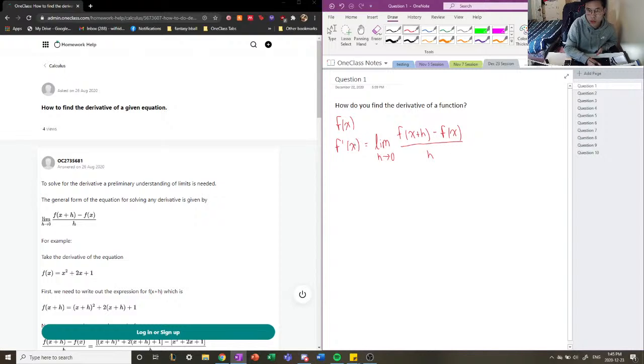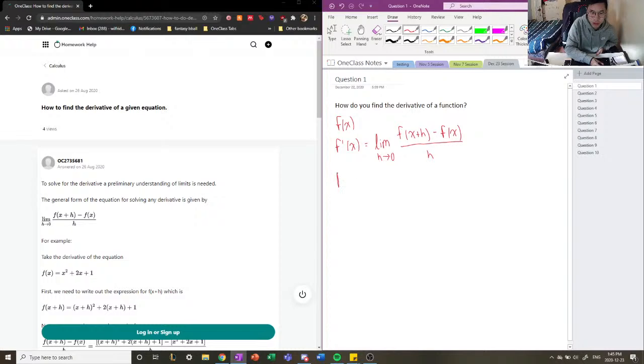So this is the derivative of a function at point x, which is the limit as h approaches 0 of f of x plus h minus f of x divided by h. The limit basically calculates the behavior of the function at the given point, and it tells us what the function is going to approach as h tends towards 0. So this is the definition of a derivative.